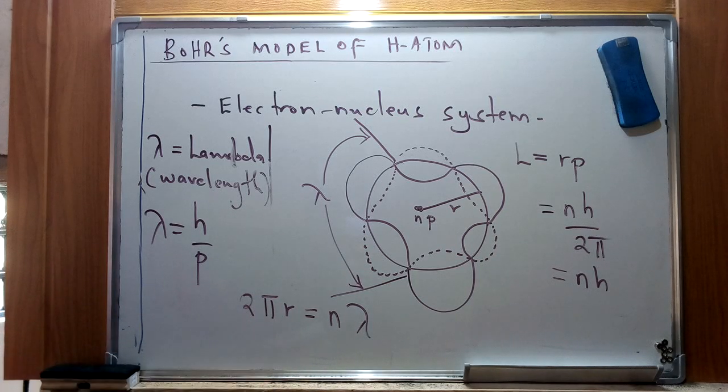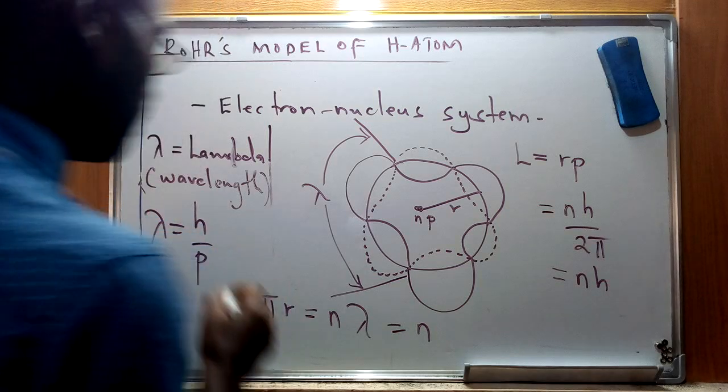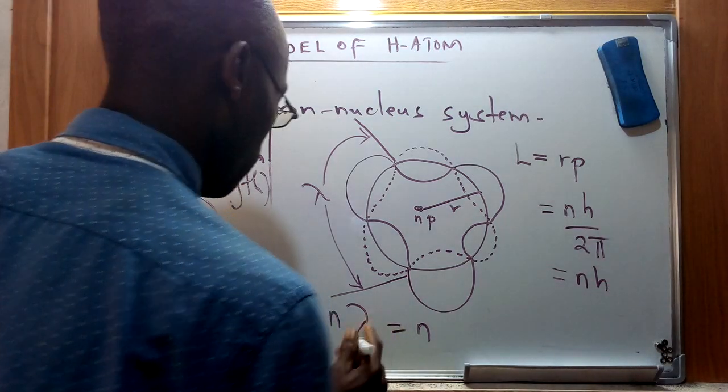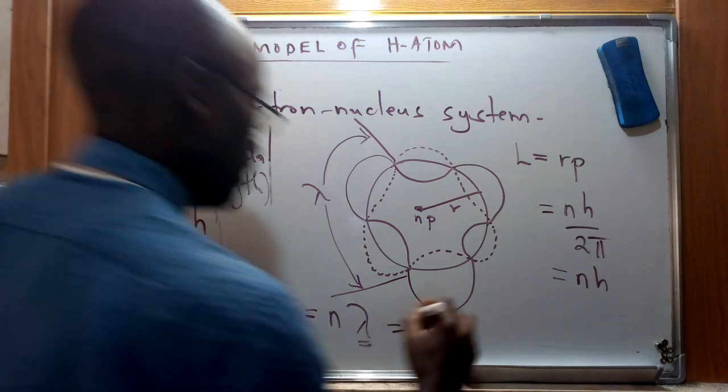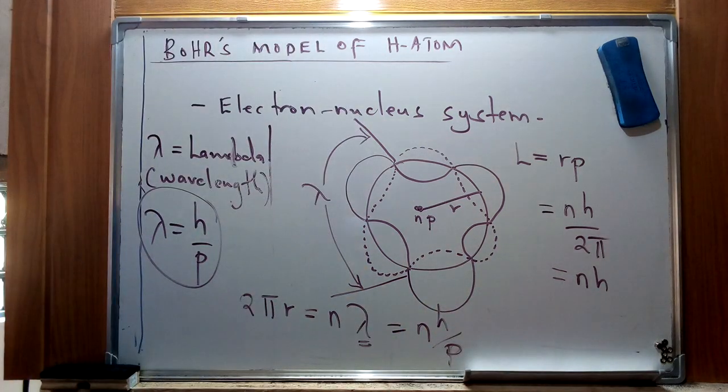This implies that I'm going to obtain this particular case for n, and the description for lambda is going to be h over p. So I'm going to have n, and the substitution for lambda is going to be h over p, of course, p being momentum.